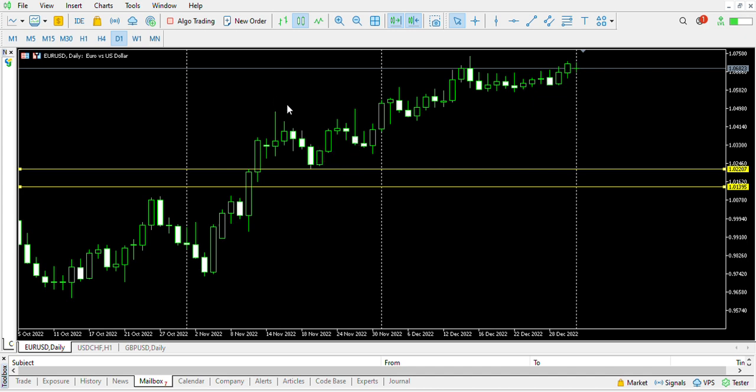So price got to that low, pushed up here, hit a supply zone, got pushed down, hit this demand, got pushed up, hit a supply, got pushed down, and it's been doing that all the way through. So it's actually trending up, and we're going to look for entry in this trend to continue taking it to the upside.